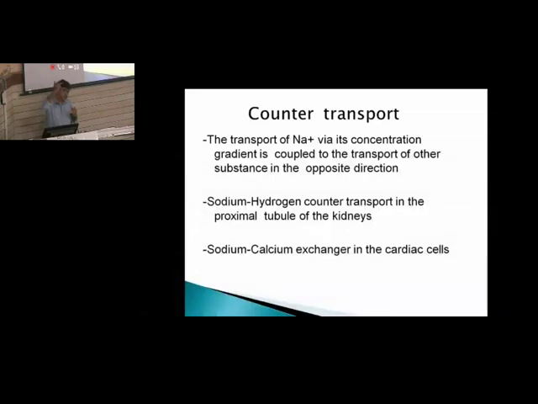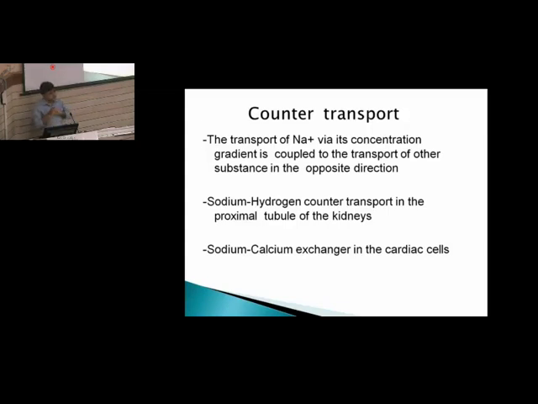That calcium moves out in exchange for sodium. Sodium comes in and calcium moves out. That is called the sodium calcium exchanger. That's an example of counter transport or secondary active transport. So what are the examples? Sodium hydrogen, sodium calcium, and many other examples.